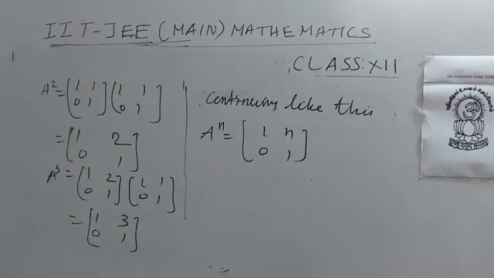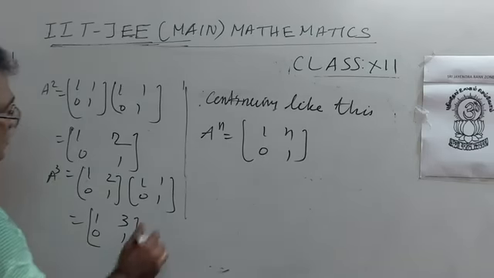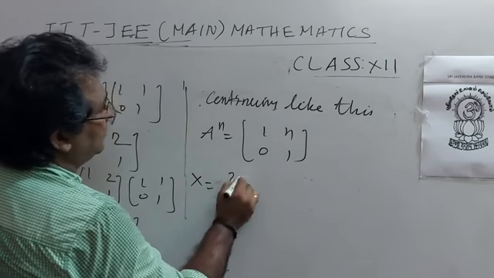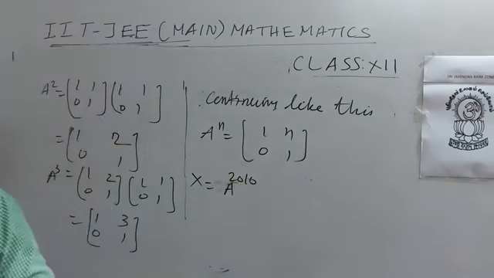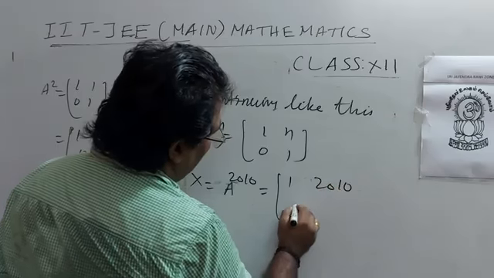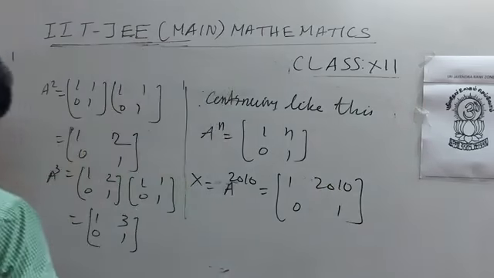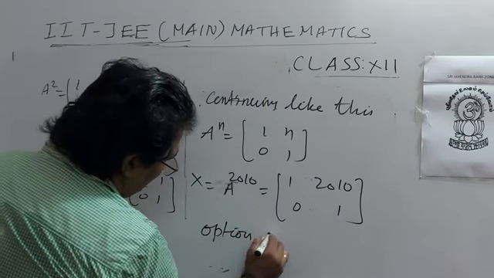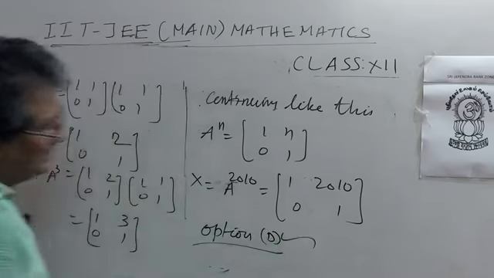Even by mathematical induction, we can prove this. So X equal to A power 2010 equal to [1 2010; 0 1]. Option D is correct.